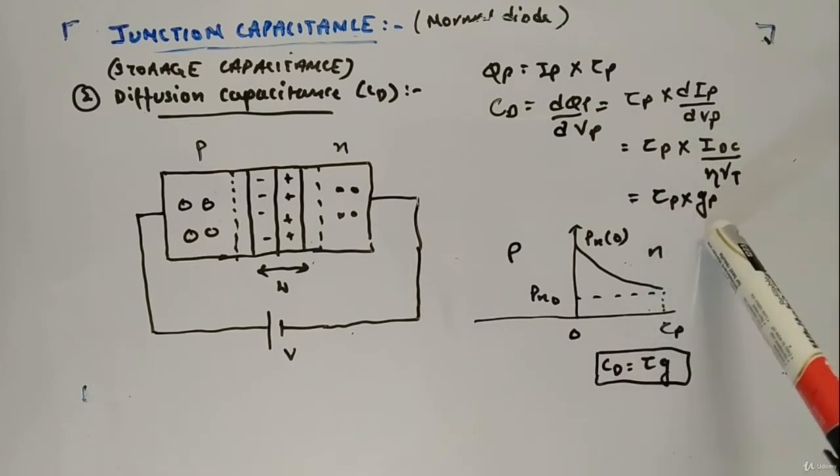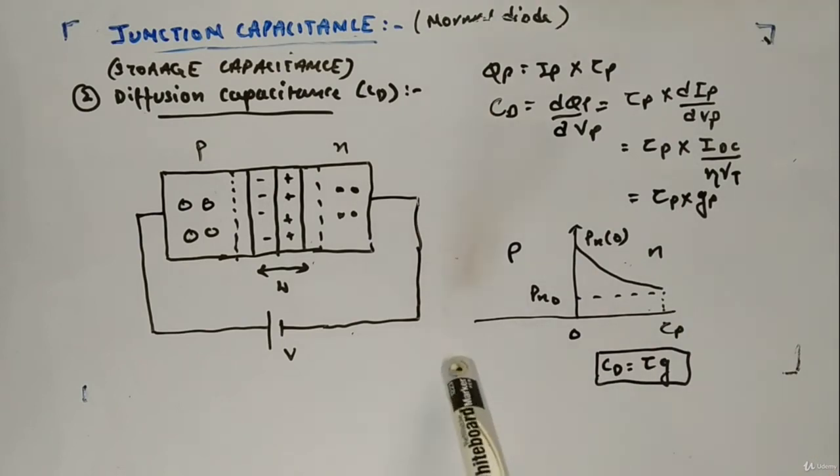So tau p into Gp, and the same thing can happen on the N side also. In general you write diffusion capacitance equal to tau into G, where G is the forward current divided by eta Vt and tau is the time. So you will be able to get the value of the diffusion capacitance.